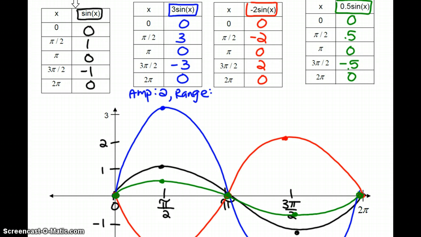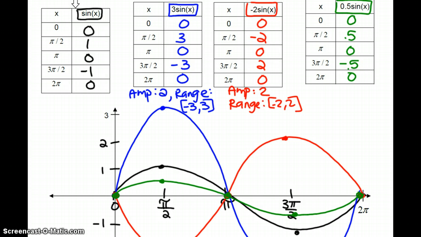My range has now gone from -3 to +3. My red graph, domain is still all real, period is still 2 pi. My amplitude changed to 2, and my range changed from -2 to +2.